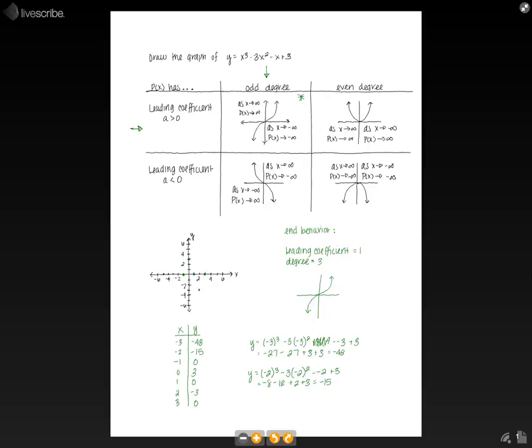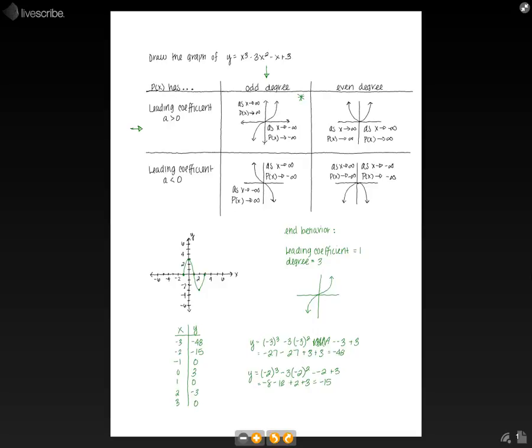Alright, so let's connect these points. Now this is where we get to use the end behavior stuff we figured out at the beginning. As x approaches infinity, which means as we travel right along the x-axis, the graph has to approach infinity.